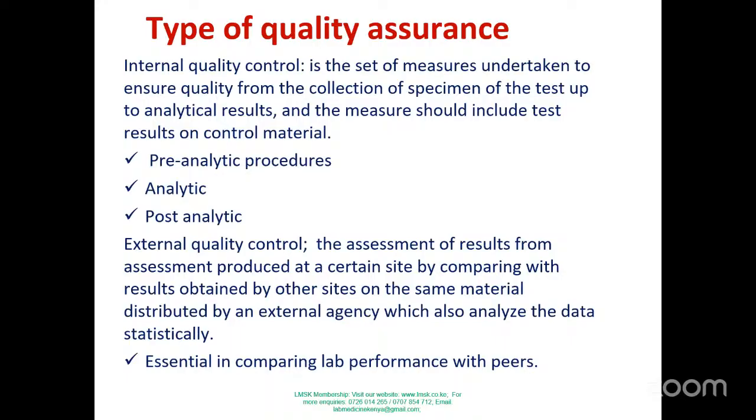So you see how important it is to have a proper quality system in place. The example is just to highlight that it will ensure that our results are as reproducible as possible. So what it does, it is essential in comparing lab performance with their peers, as we have explained.